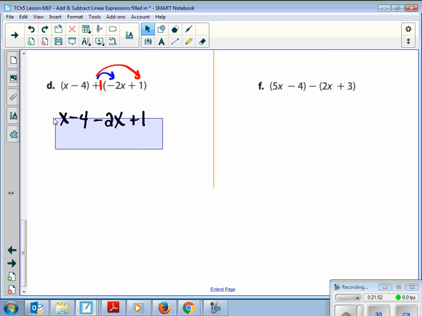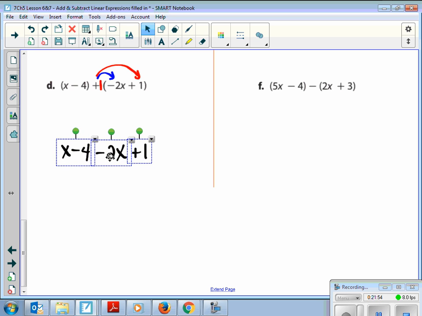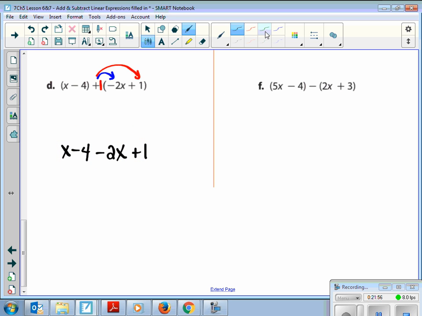Now, the reason I say this is different is because if I were just taking the parentheses away, I would end up with x minus 4 plus a negative 2x plus 1.